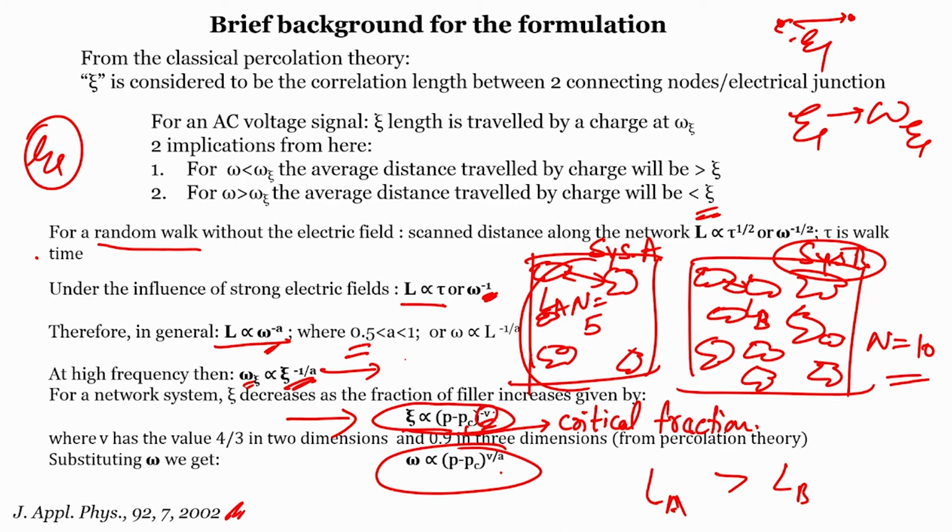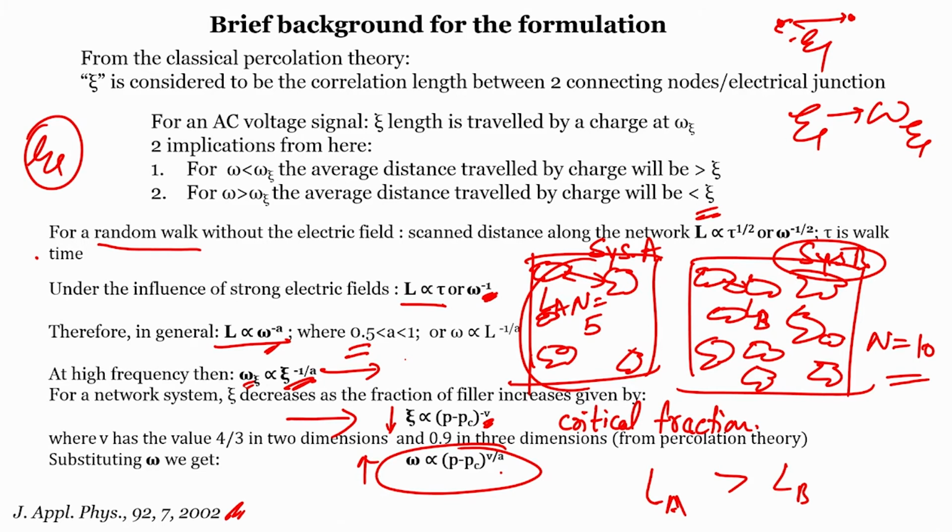So this V has a negative sign associated with it. So correlation length has an inverse relationship with the percolation fraction, which means if you fill the composite with more and more conductive elements, the correlation length will decrease, whereas the frequency correspondingly will increase.